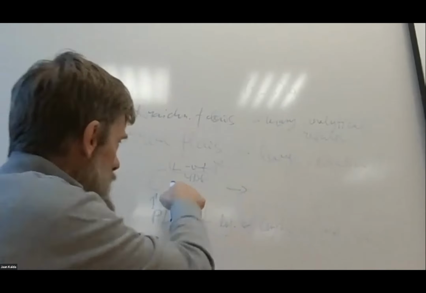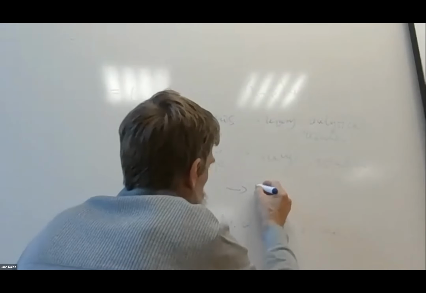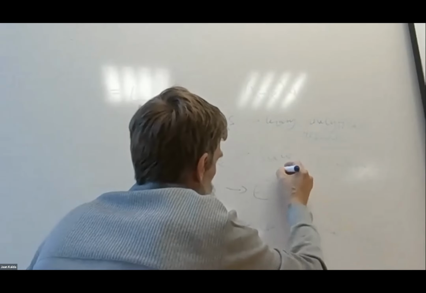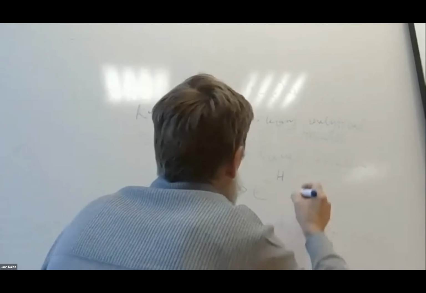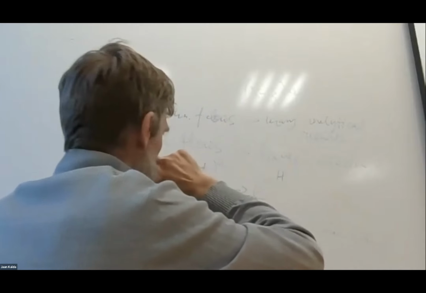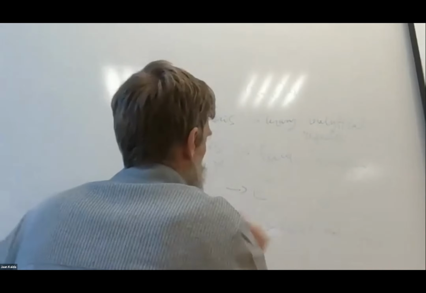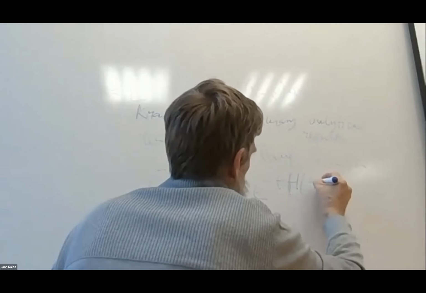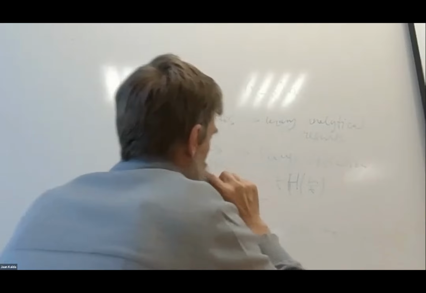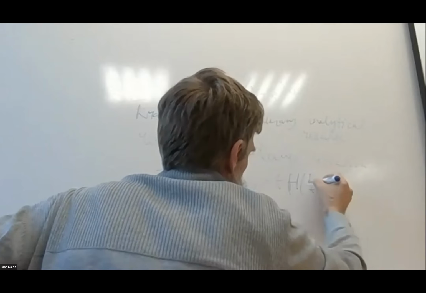But this is only for Batchelor flows. If we go to real flows, this is substituted with the large deviation function. Here we have something like e to the power of minus t h of L divided by t, and h is called the large deviation function.